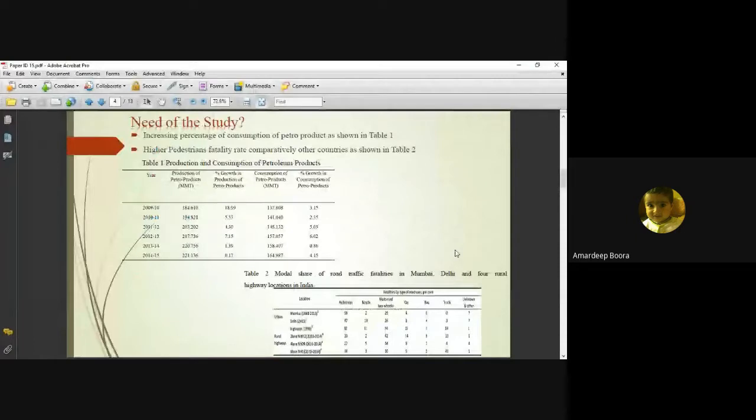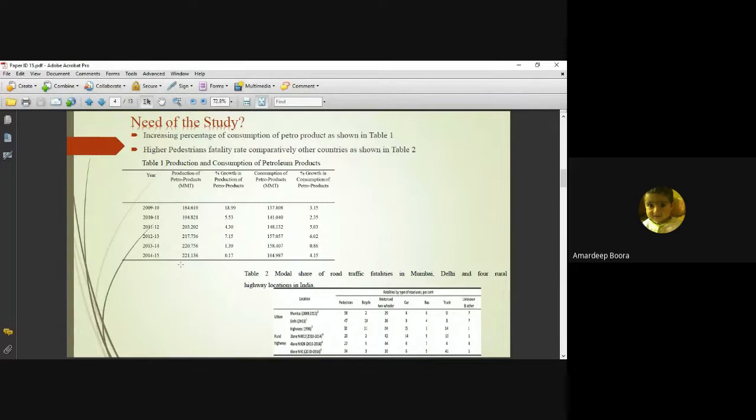So why is the need? We already discussed the advantages, but what is the actual need? The actual need is the production and consumption of petroleum products. From this table you can see the rate of production and consumption of petroleum products from 2009 to 2015. This is a little bit old data, but from here you can get an overview.